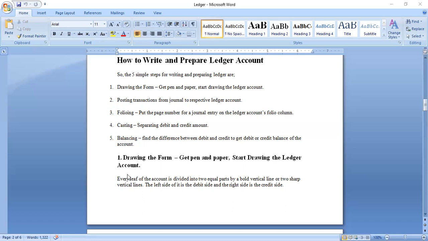So we can easily find out the balance from each and every book, like the cash book, capital book, purchase book, sales return, purchase return, accounts receivable, accounts payable, investment, debenture, goodwill. Each and every book shows the balance at the end of the period. So it is called the final step, and that is called a balance.